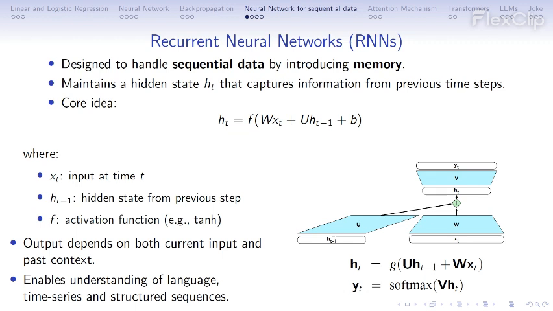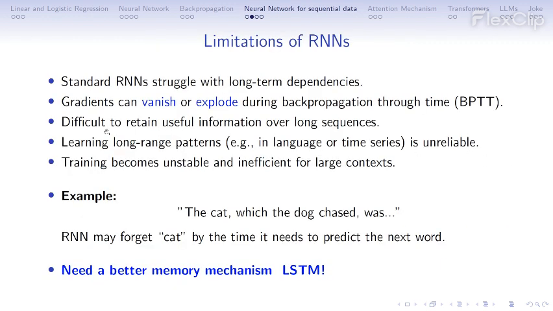So to the power of 50 or to the power of 10. So the more sequence lengths we have, the more unrolling we do, and that creates vanishing and exploding gradient.